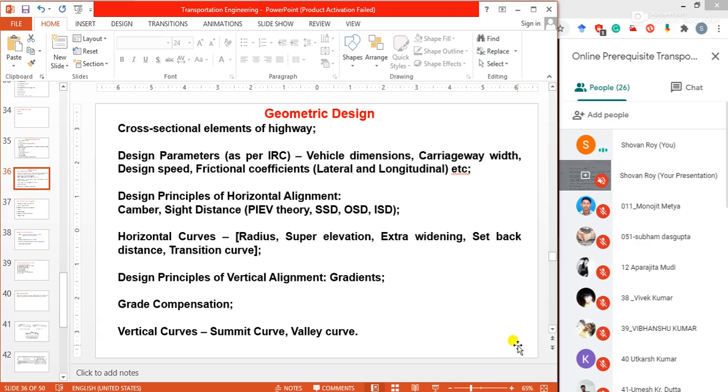If we see the definition written in the book, geometric design of a highway is the dimensions and layout of visible features of the highway such as alignment, side distance and intersections.